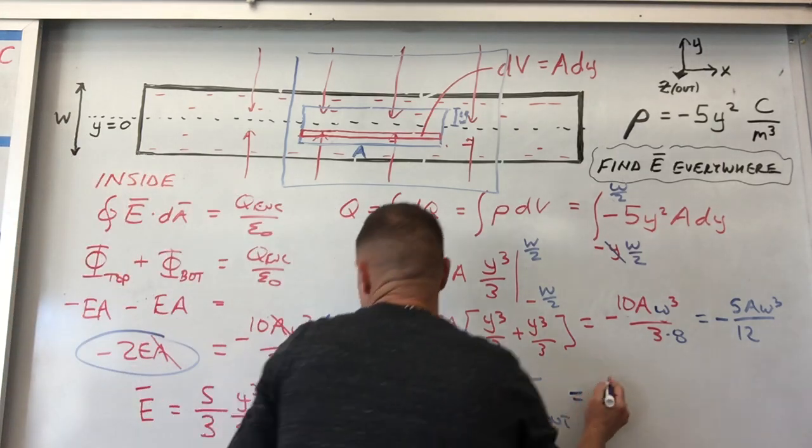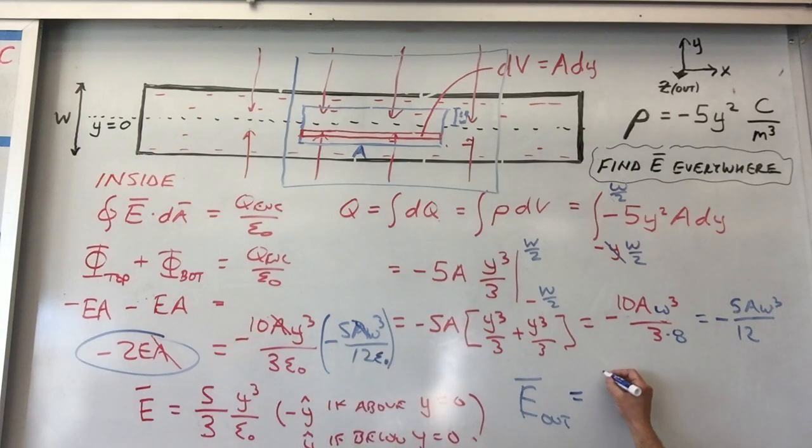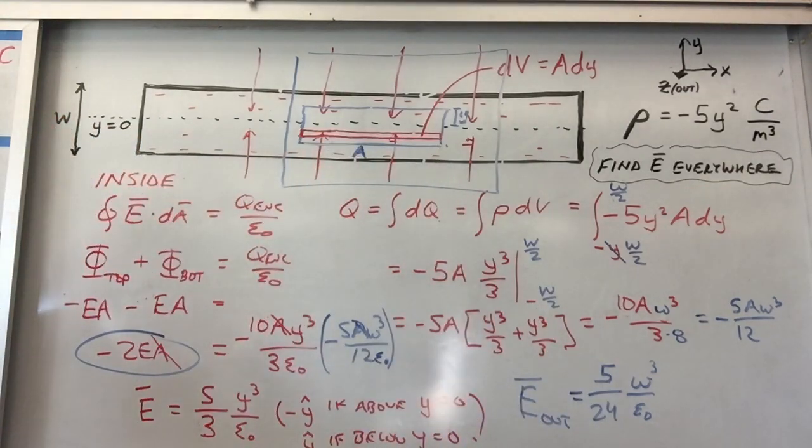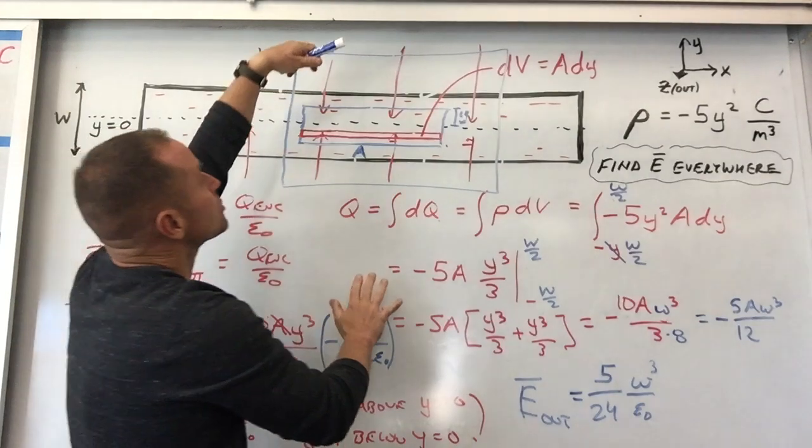So outside, if you divide this by -2, the E outside is going to be 5/24 W cubed over epsilon naught. Now, it's also going to point in these same directions, but that's your magnitude of it. It's also going to point inward.